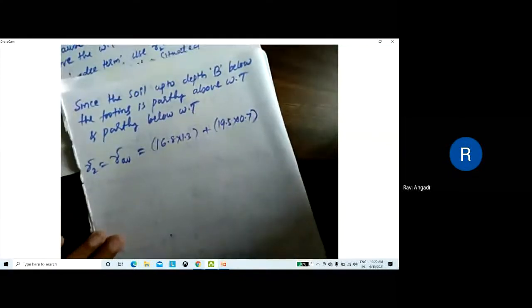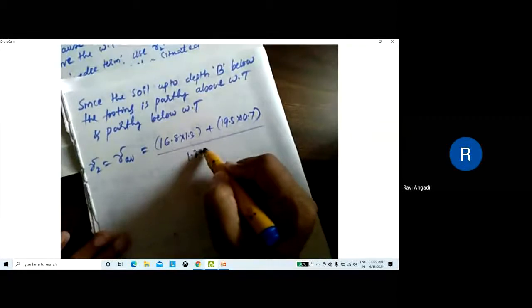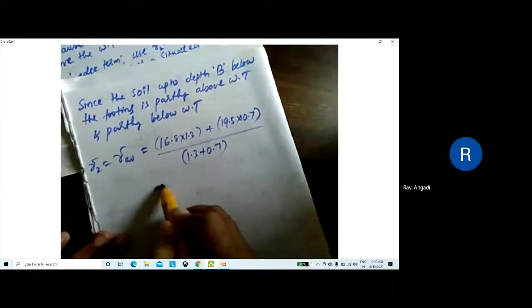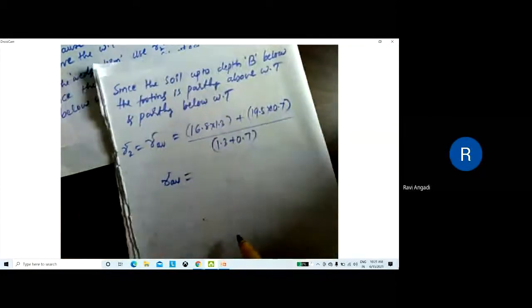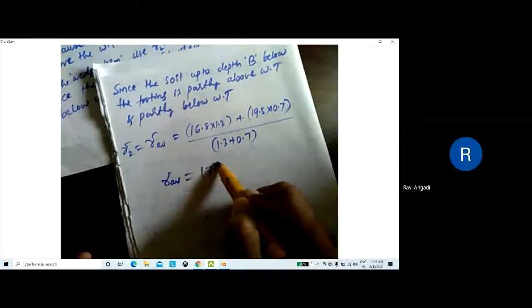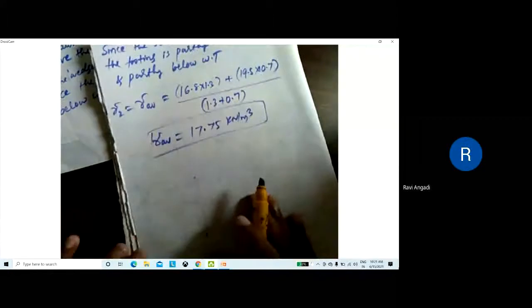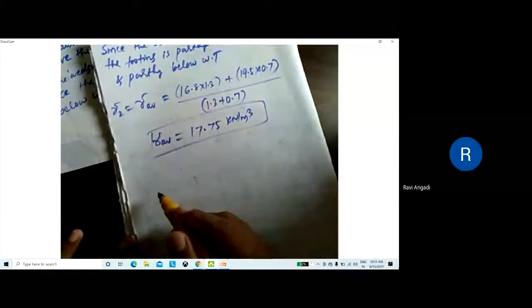Divided by 1.3 plus 0.7. Then it becomes the average. What is the answer? 17.74. Correct. This is the answer. Now you substitute in the equation.